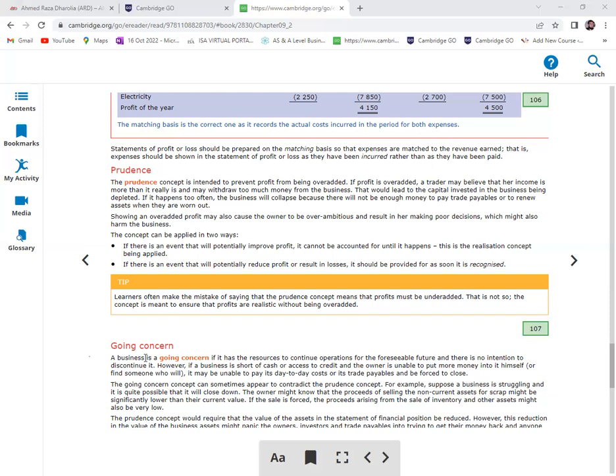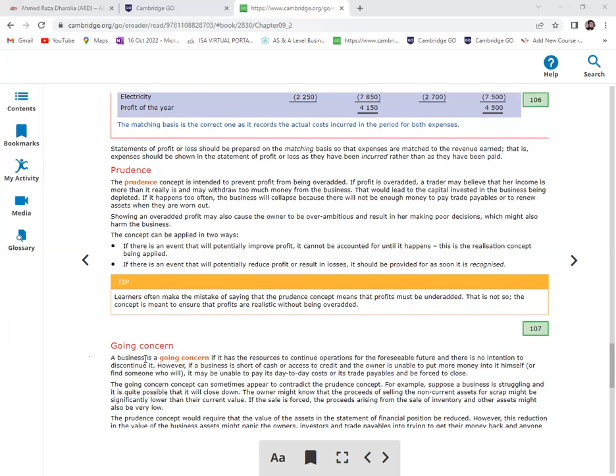That customer has not yet run away, but because of the prudence concept, if we have a doubt that this customer will run away, we should record the provision, we should record the expense. This is in line with the prudence concept. So we should be aware of what prudence is.